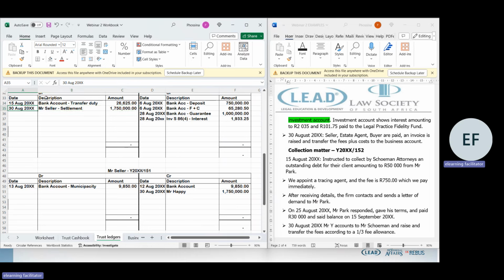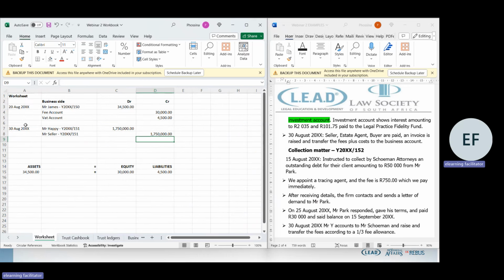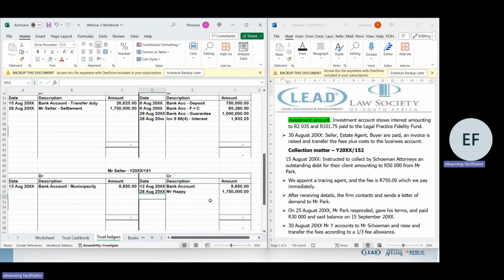So I guess upon registration, let's say upon registration, which is the 28th, that's when we then record this manual transfer, because if it's registered, then it means Mr. Happy has got title to the property, and Mr. Seller now should show that he's got money into his account.